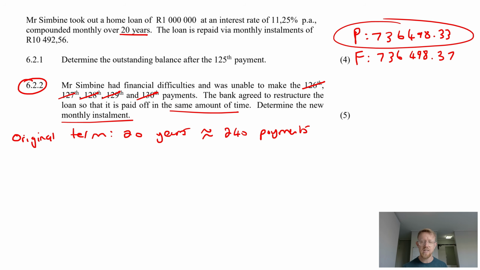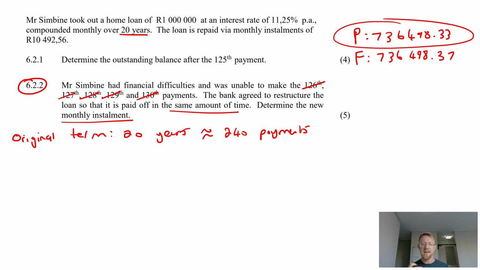Now, the bank isn't just going to say, "Oh, you poor thing, not a problem. You can just add on another 5 months, and so instead of 20 years, we can make it 20 years and 5 months." No, no, no. The bank is not going to say that. The bank is going to say you still need to make all of the payments back within the original 20 years. So how is Mr. Simbine going to be able to pay everything back now that he's missed 5 payments?